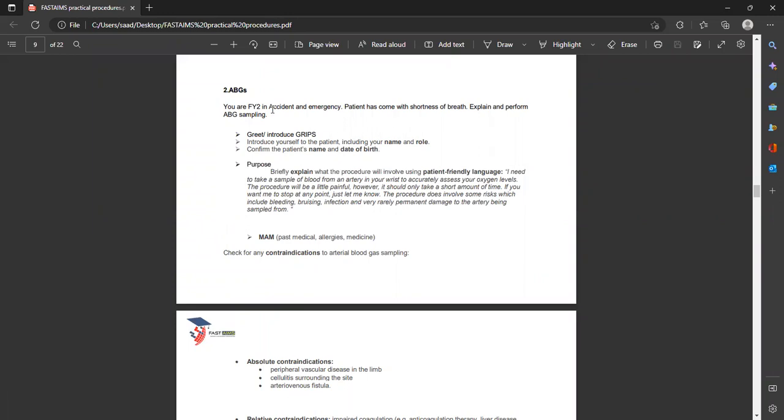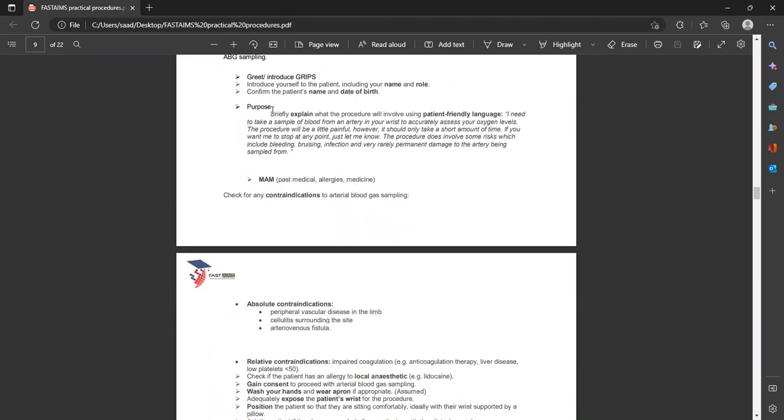room, into the cubicle, you start with greeting and introduction: my name is, and my role. The patient would be stable and sitting on a chair. So you ask the name and date of birth and continue. Now, a little rapport has been built with the patient.